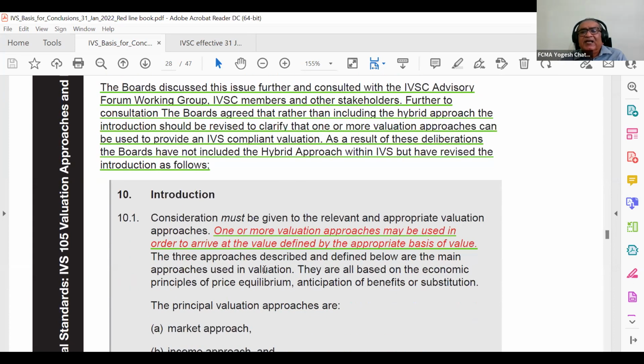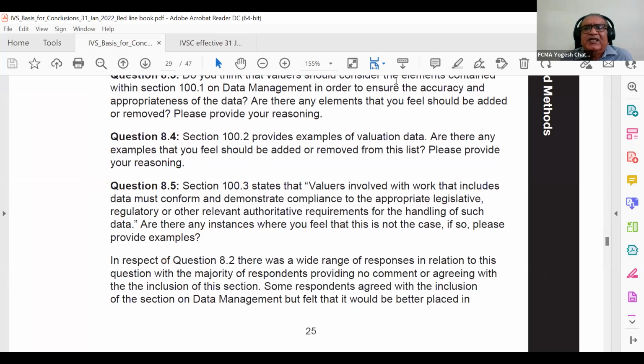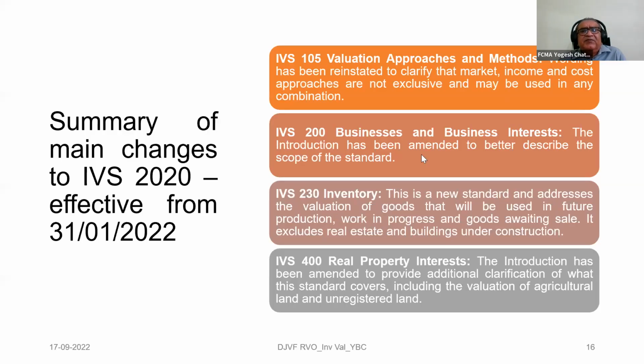Since time is less, I will skip further guidance from this. I request you to please download these amendments. It is very helpful and it is available on the internet freely, so you can download it. So this summary of main changes we have covered.